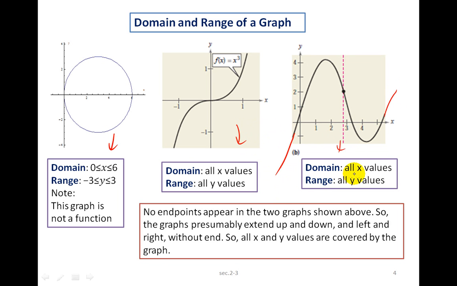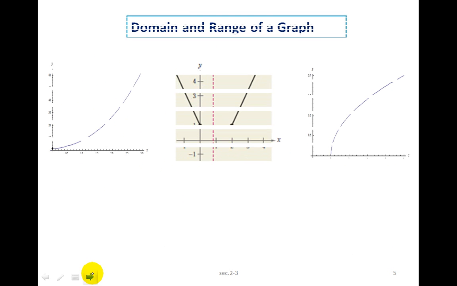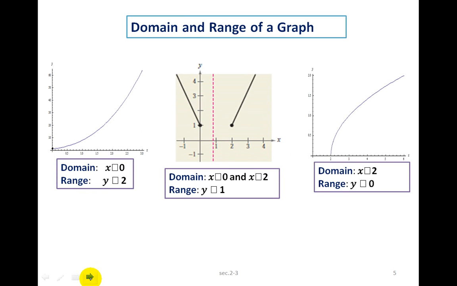So you'll say all x values, and here all y values, because they are going to continue, and the same thing here. But this is a circle. By the way, this circle is not a function. I'll tell you later how to determine whether it's a function or not. Anyway, here you are given what's the domain and what would be the range. Good. Same idea here, you can revise it by yourself later.